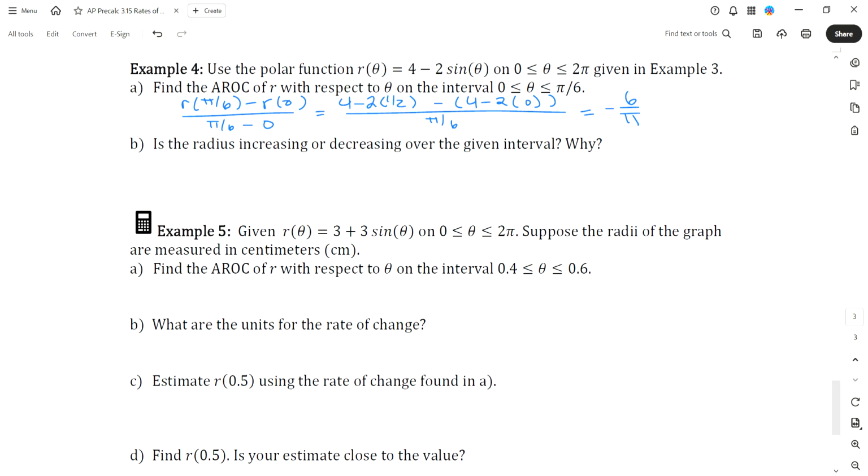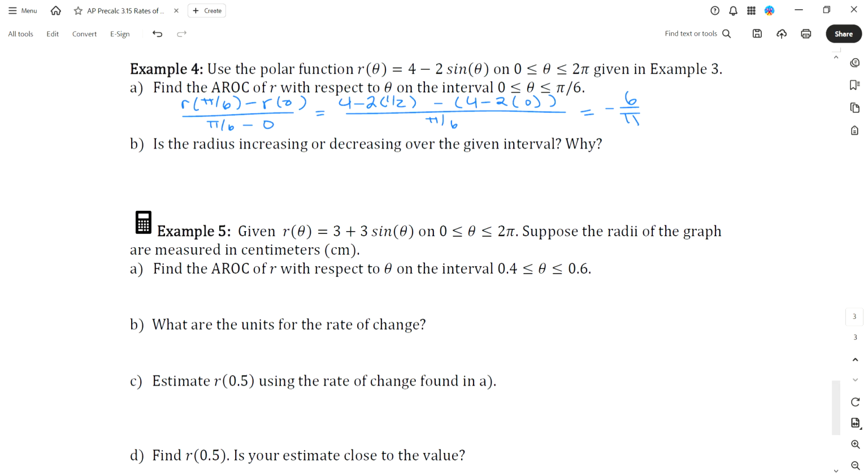Now, based on this answer, is this radius increasing or decreasing? If the rate of change here is negative, is the radius increasing or decreasing? Decreasing.